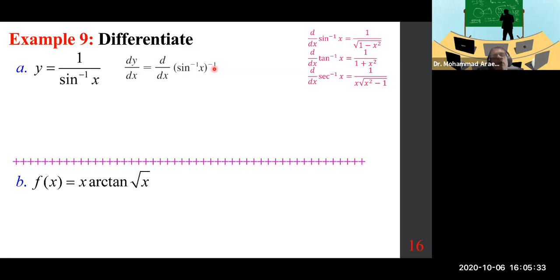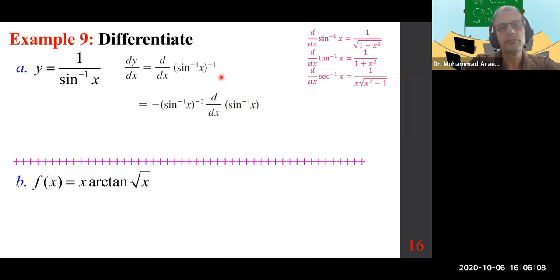So how do we differentiate that? Let's quickly look at the concept. You remember the extended power rule. This exponent sits in front, and then you write the same thing to the power of 1 less. So this becomes to the power of -2, okay? The exponent sits in front, then the same thing remains, and the exponent goes down by 1: -1 minus 1 becomes -2. By the chain rule, the derivative of the inside, we just write this. I hope you see that.